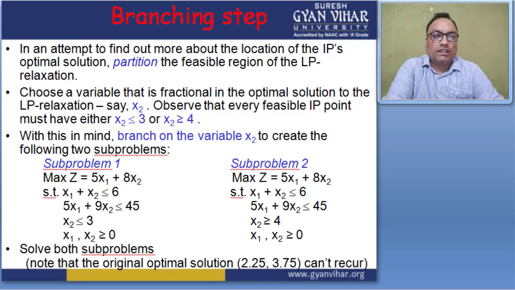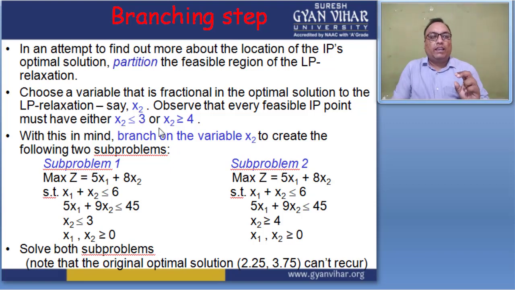must have either x2 less than or equal to 3 or x2 greater than or equal to 4. This line shows that x2 cannot take values in between 3 and 4.